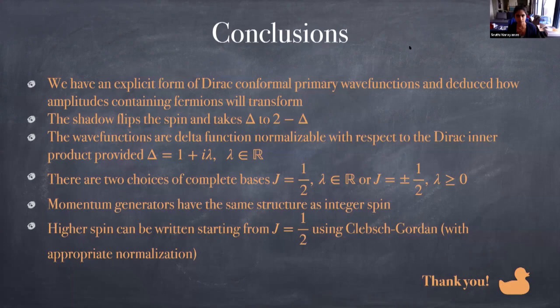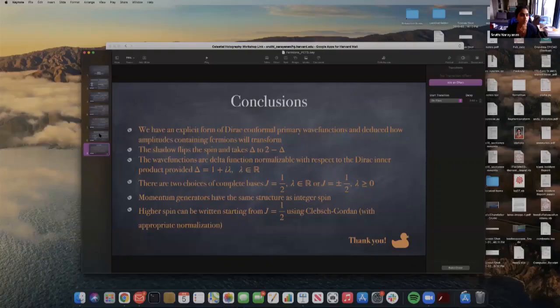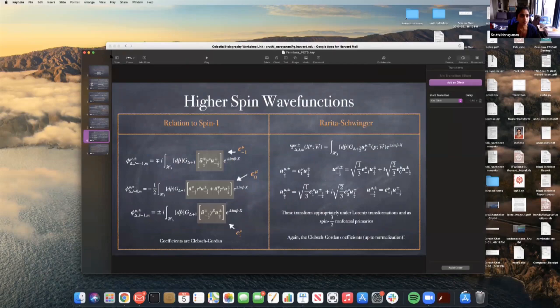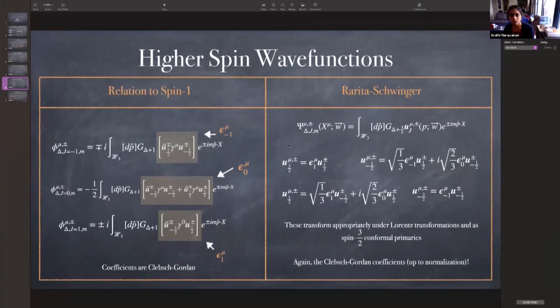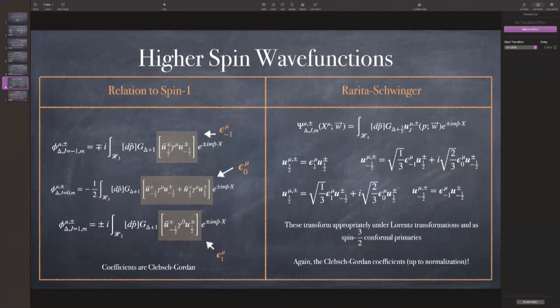So like here, you can write down these U3/2 in terms of epsilon 1, which are the polarizations for the spin 1, and then the U1/2 are the spinors for the spin 1/2. So in principle, I could also write down this epsilon 1 as I've written it on the left, and then you would have an expression for U3/2 solely in terms of these U1/2 spinors. Okay. And you should just be able to build up the same way. Yeah, right. From here, okay.